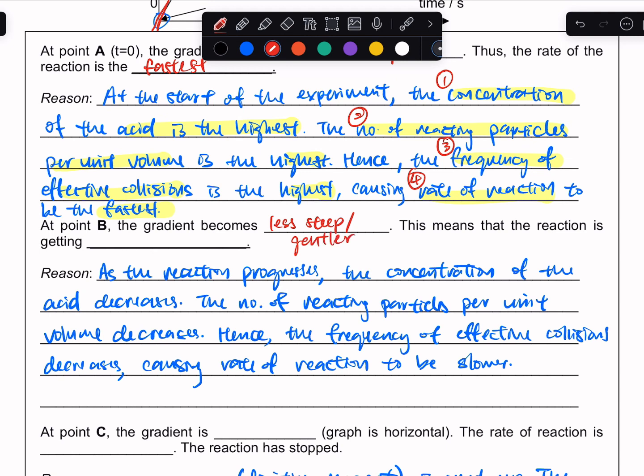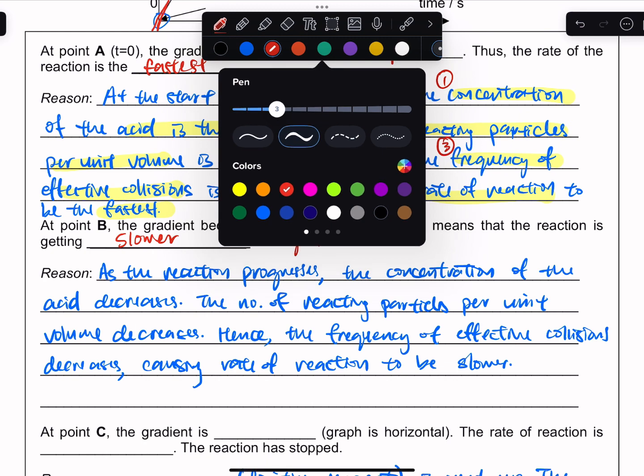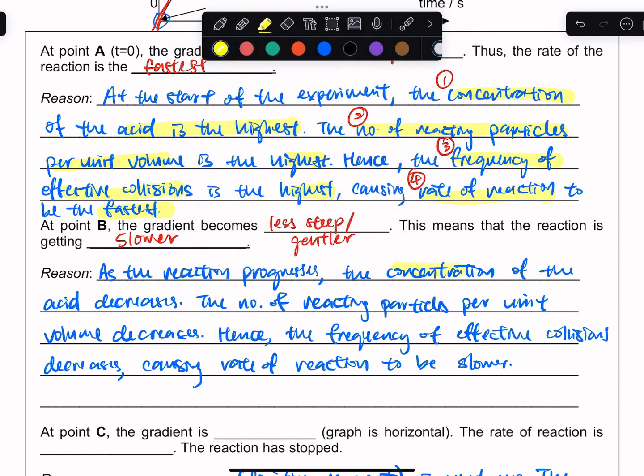This means that the reaction is getting slower. How come? As the reaction progresses, we see that the concentration decreases. Of what? Of the acid decreases.